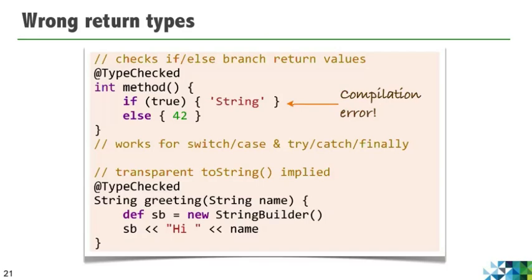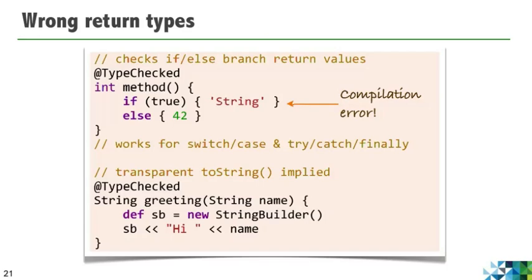So you could think that a string builder is not compatible with a string, but Groovy provides a coercion mechanism for that case. So if you've got a method which returns a string, classical Groovy converts the last expression to a string by simply calling toString. And for that kind of return values, the compiler won't complain because that's the kind of code that people sometimes write using the usual dynamic Groovy, if you will.